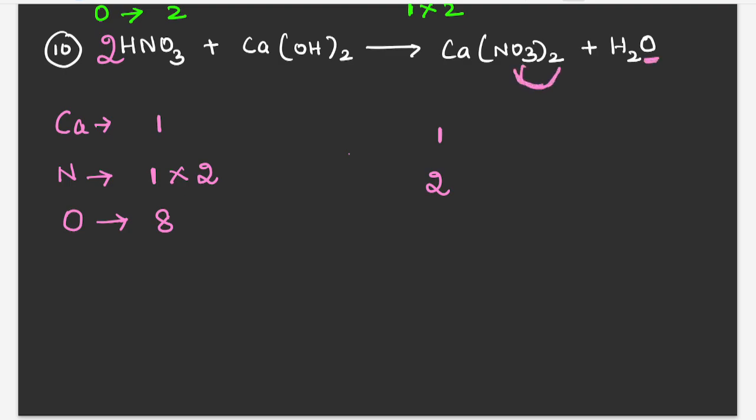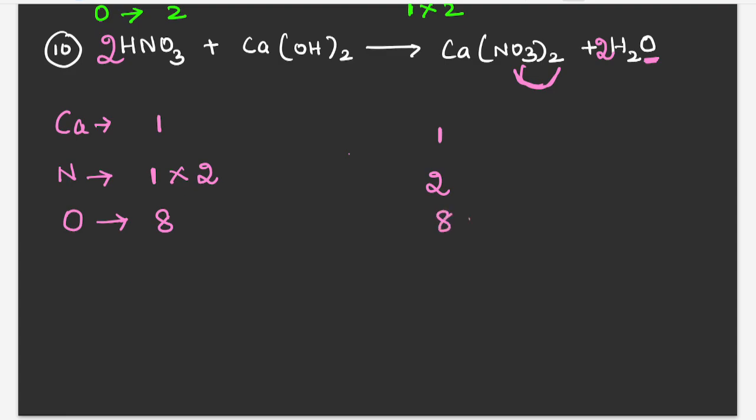So it is not balanced. So here we have 7. So now to balance that oxygen atom, I'll write here 2. So if I write 2, see how many oxygen atoms are there now. 3 2s are 6, 6 plus 2, it is becoming 8. Therefore, this is also becoming 8.